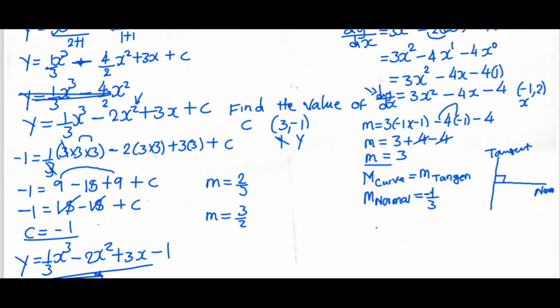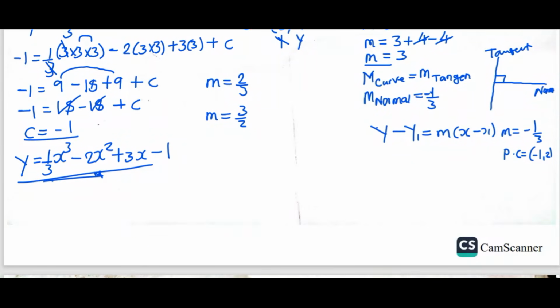Then we can now go back to the equation of the normal. We have everything now. The gradient, we have it, it's negative 1 over 3. The point of contact, we have it, is (negative 1, 2). So now let's solve. This will be y minus y1.